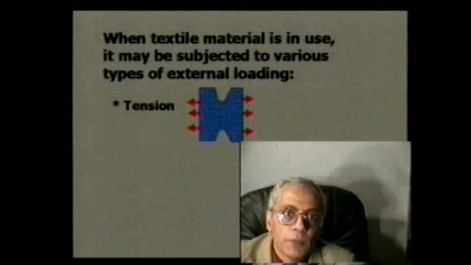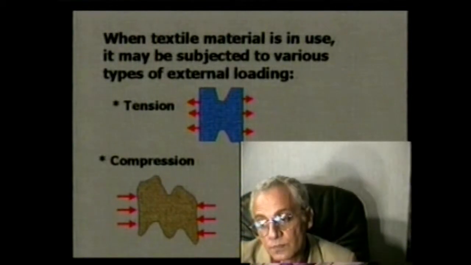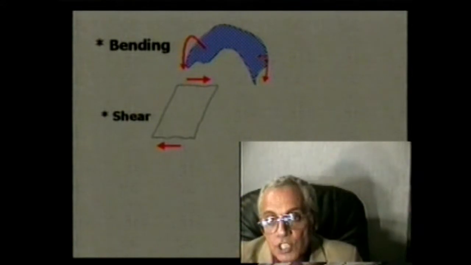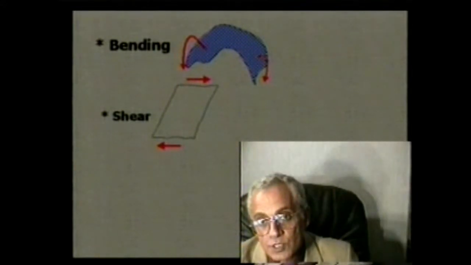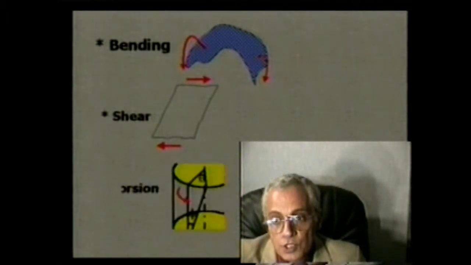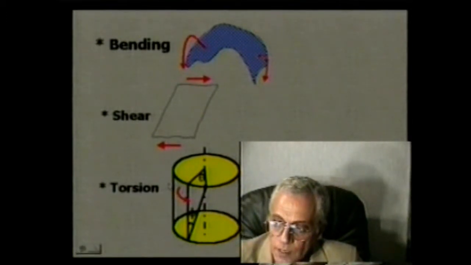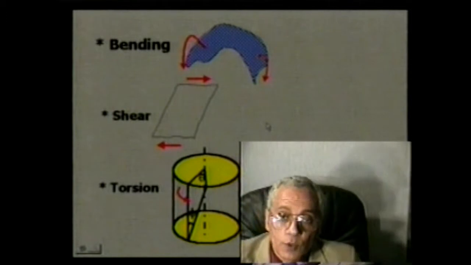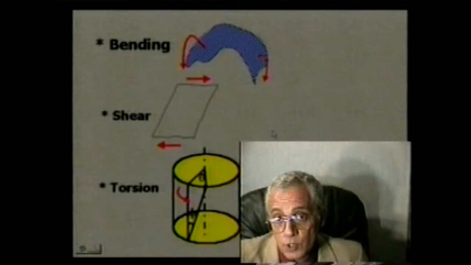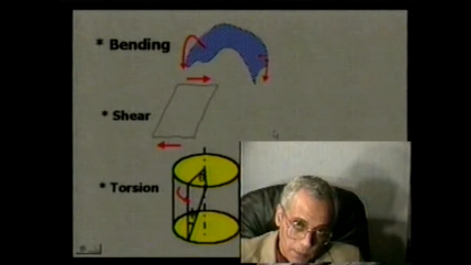The material may be under tension, compression, bending or shear. And of course, torsion, derived from shear deformation, is another form to express shear. So these are the different modes of deformation that we typically see either during processing or during the use of textile materials.